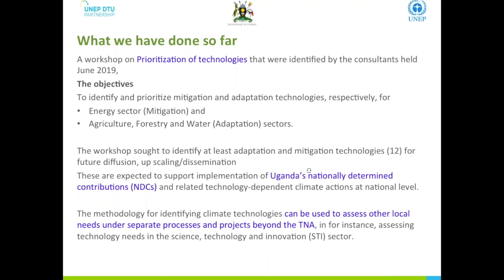The prioritization workshop was held in 2019, and the whole idea was for us to identify and prioritize technologies in both adaptation and mitigation.